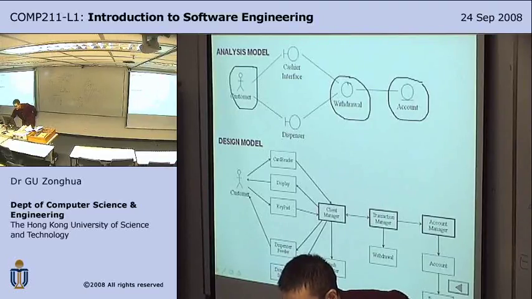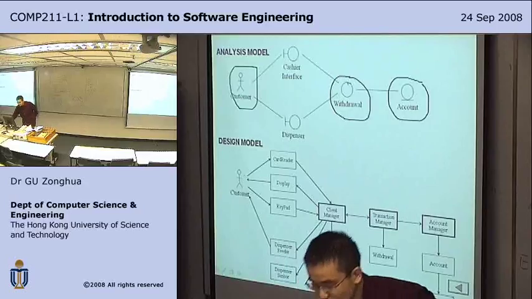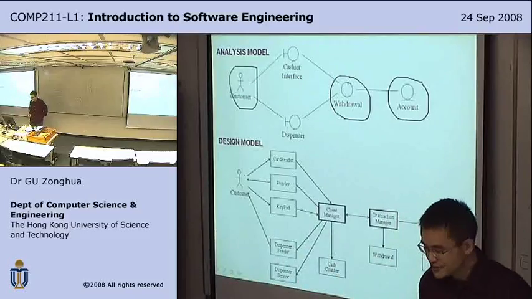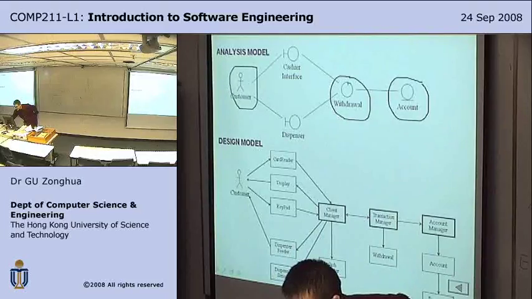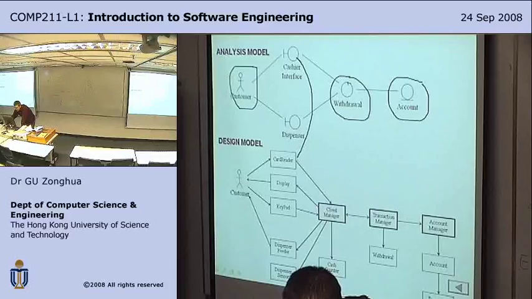So, the design model is a more detailed version of the analysis model, where you refine the interface classes into more concrete classes. So the cashier interface is one class, gets mapped into 3 classes.